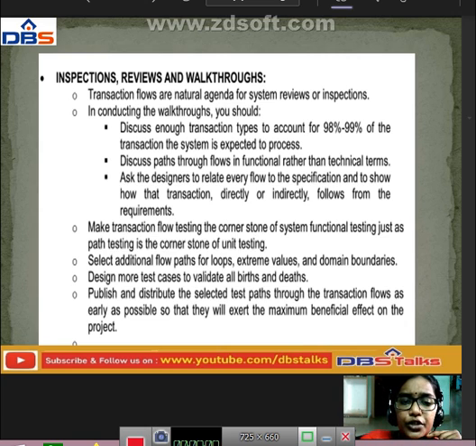And for the paths, we should discuss the paths through the flows in functional rather than technical terms. We are going to ask the designers to relate every flow. Whenever the flows are relating to each other, we will ask the person who is designing that particular transaction flow to denote the transaction flow.